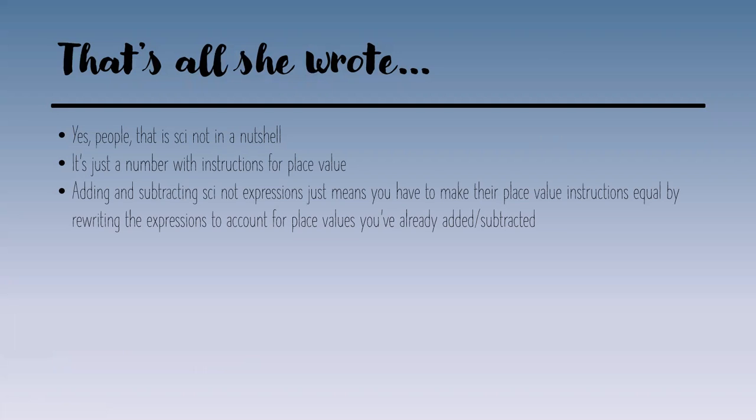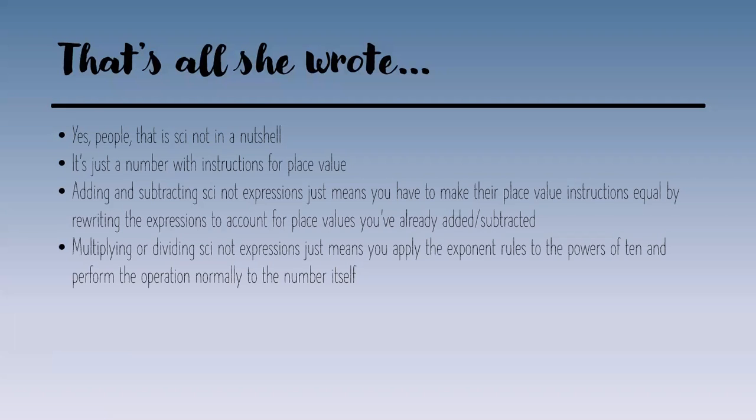And the way to do that is to rewrite the expressions so that their powers of 10 are the same, because then you're accounting for those place values. If you're multiplying or dividing, then all you have to do is use the commutative property and then multiply or divide your constants, your normal quote unquote numbers, and then use exponent rules for the powers of 10.